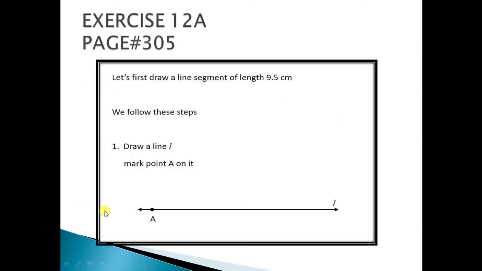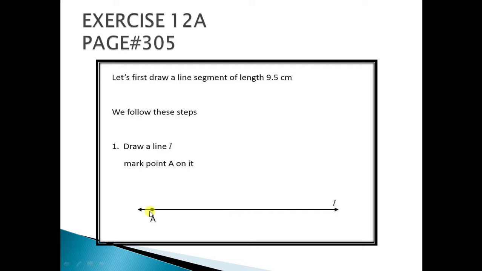Okay, now here we have a solution. Let's first draw a line segment of length 9.5 centimeter. We follow this step. First of all, draw a line L and mark point A on it like this.